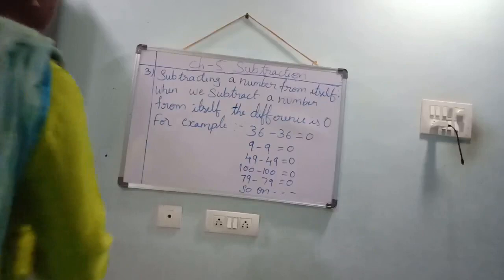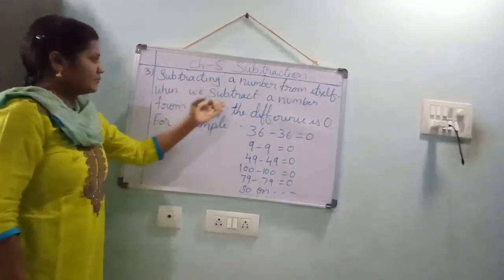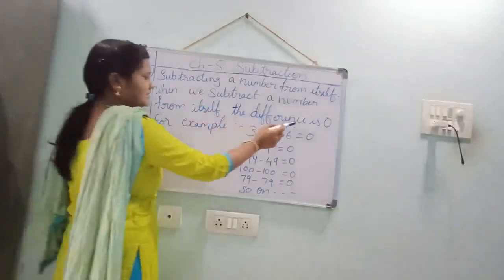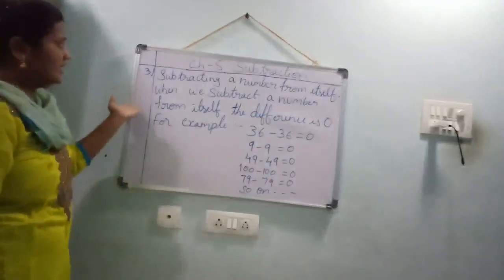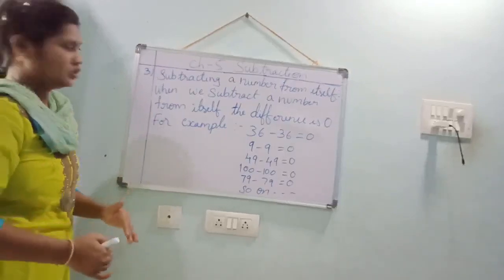Children, third one, subtracting a number from itself. When we subtract a number from itself, the difference is 0. See, what is the third property? Subtracting a number from itself. Understood?